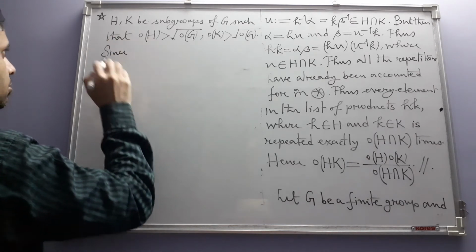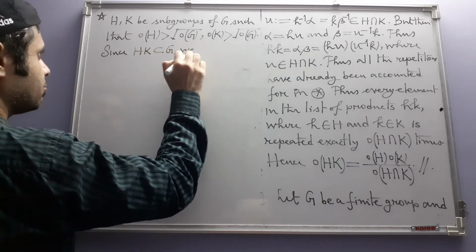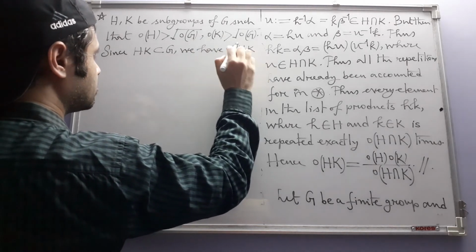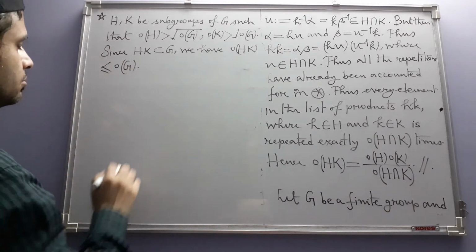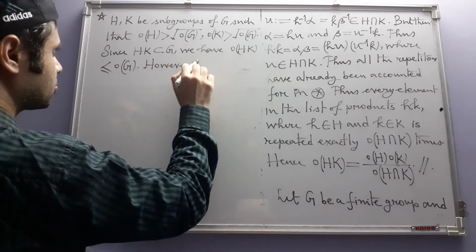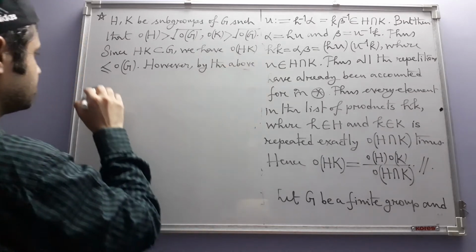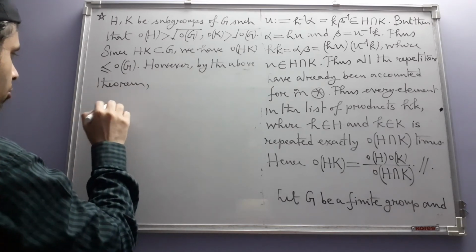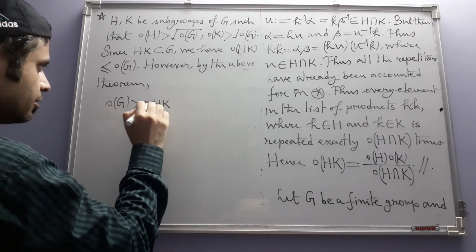Since Hk after all is a subset of G, we have order of Hk less than or equal to order of G. However, by the above theorem, order of G is greater than or equal to order of Hk.